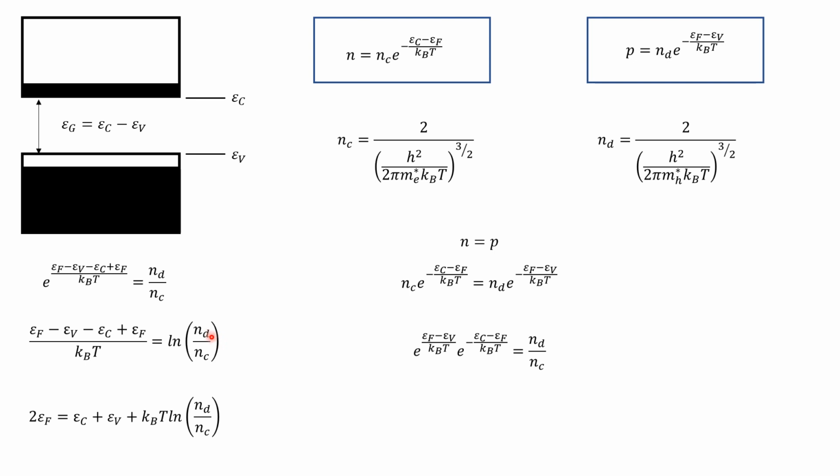Now recall that these two terms are identical except for the effective masses. So we can replace these two terms with their corresponding expressions and then express this ratio in terms of the effective masses. Since all terms will cancel, this term is reduced to this term here.